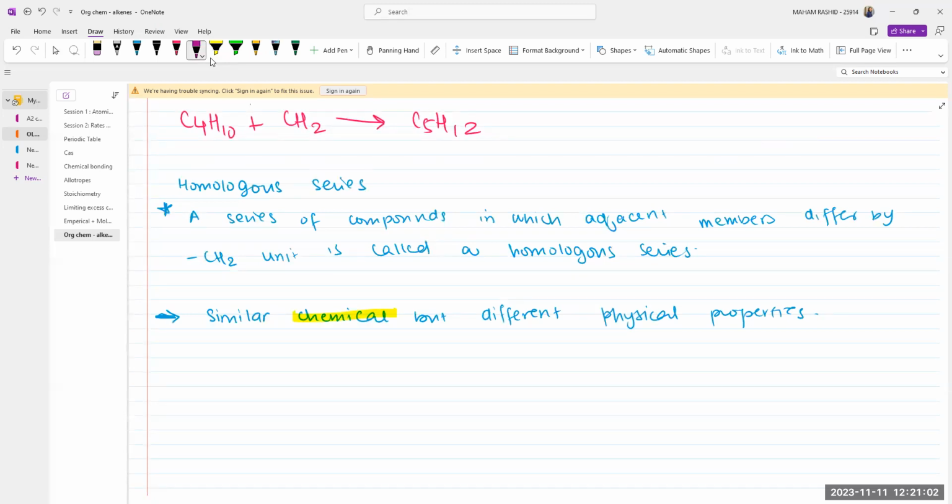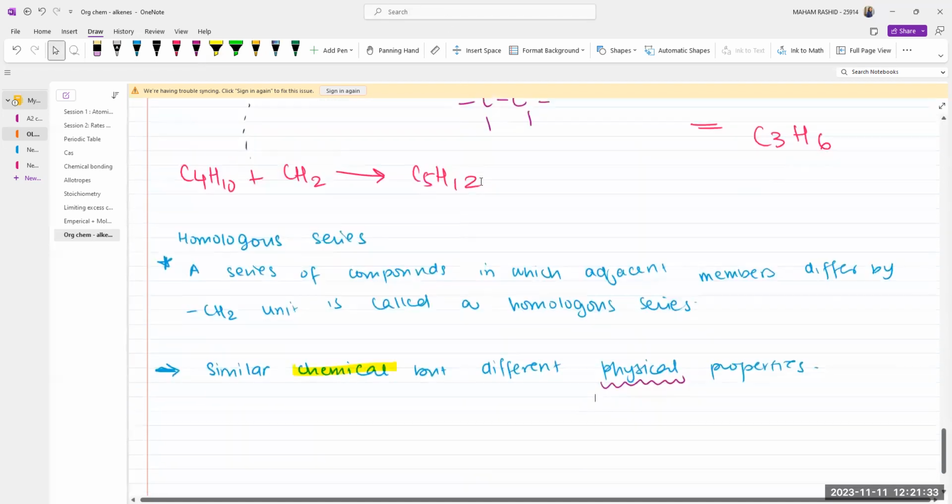So all the alkanes have the same chemical reactions, for example, cracking or substitution reactions. So all the alkanes, be it C3H8 or C6H14 or C28 something, all of them have the same chemical reactions. All three of them will undergo cracking. All three of them will undergo substitution reactions, right? So they have similar chemical reactions, but different physical properties.